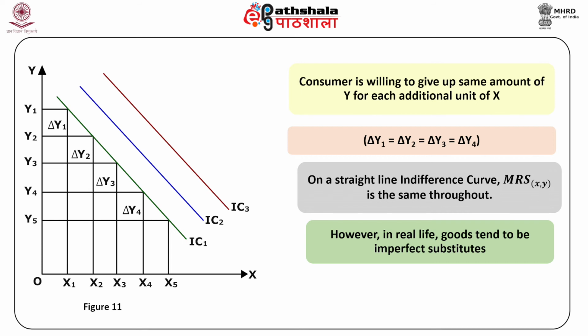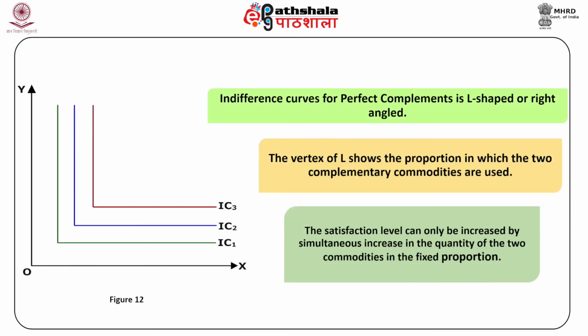However, in real life, goods tend to be imperfect substitutes, and therefore indifference curves are not normally a straight line. Now we consider the case of perfect complements, which are consumed together in a fixed proportion.